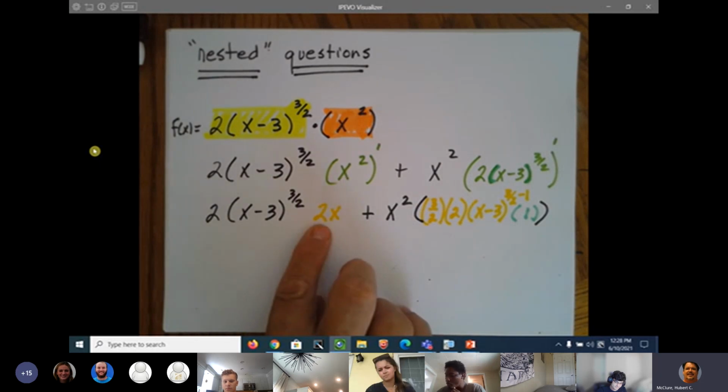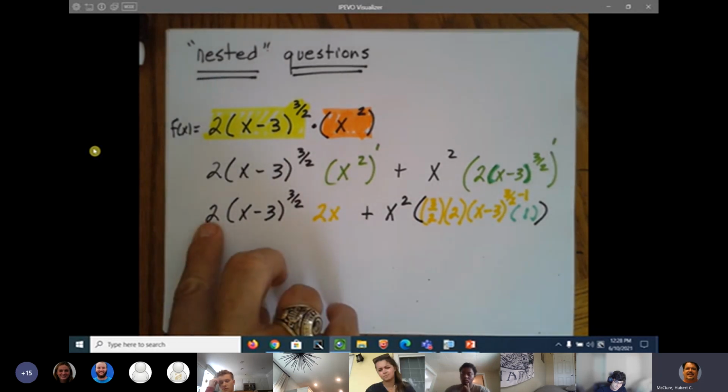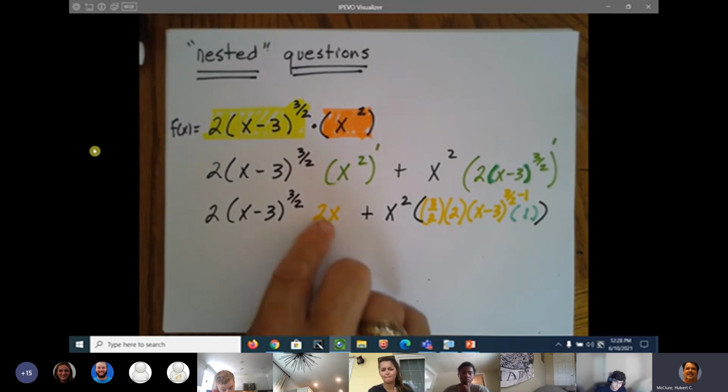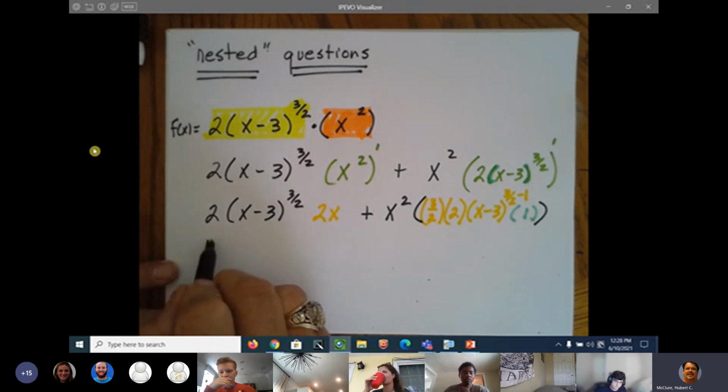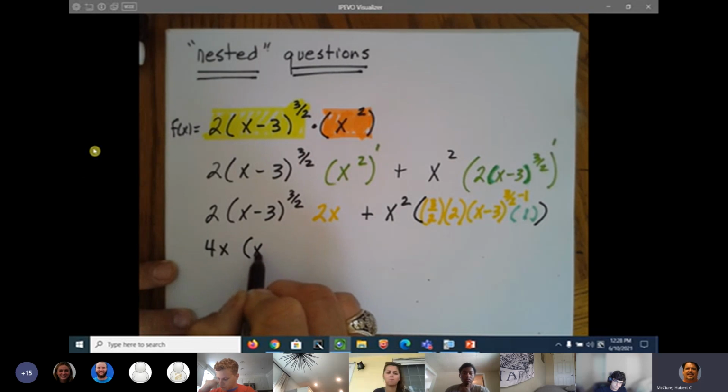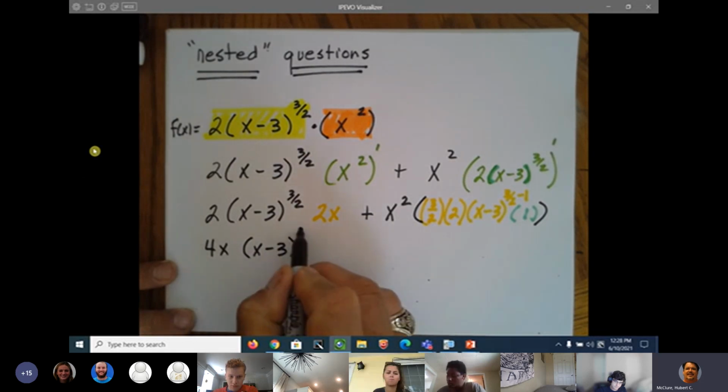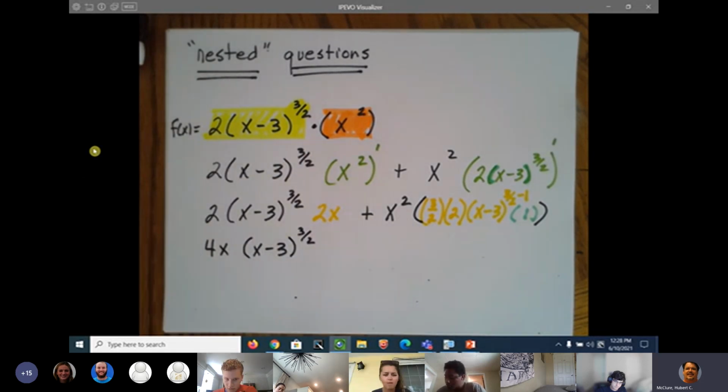So that 2x can be multiplied by that 2. So we can do all the algebra right here. That'd be 4x times x minus 3 to the 3 halves. That's done. And over here, we got a mess. So let's see what we can clear up.